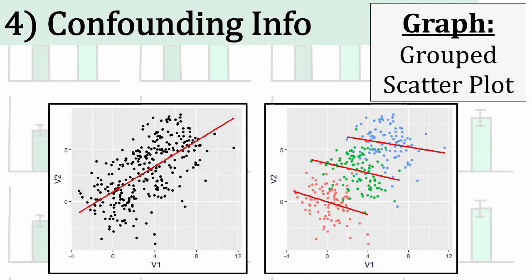If you're not considering what could be weakening or strengthening your relationships, you're going to get into trouble. So competently thinking about your data, including all the relevant variables, and plotting them to see how things change is an important part of statistical thinking.